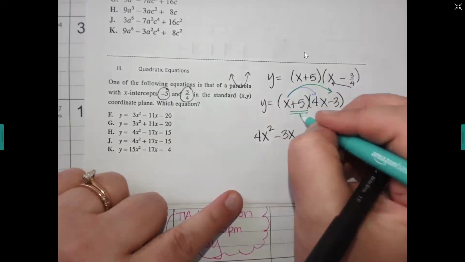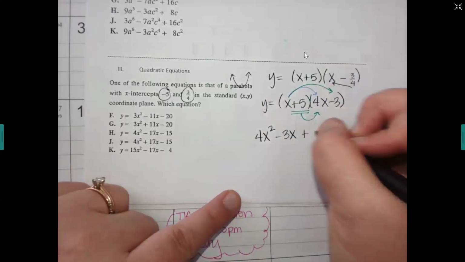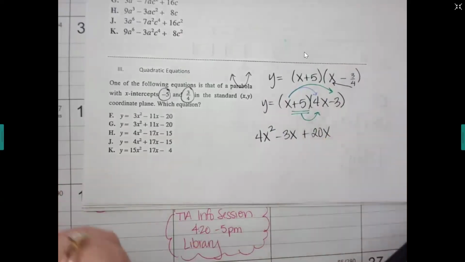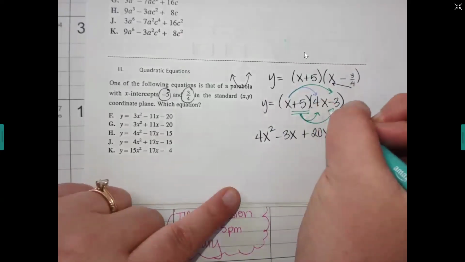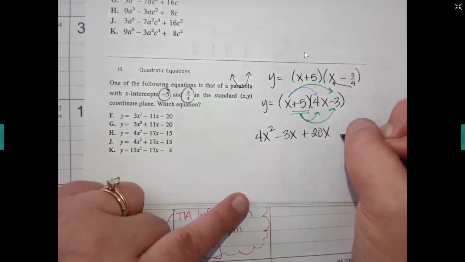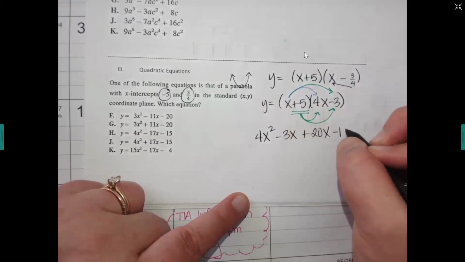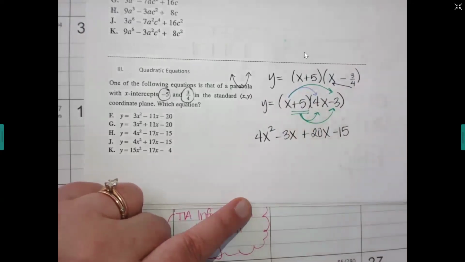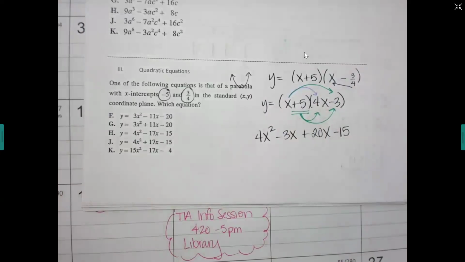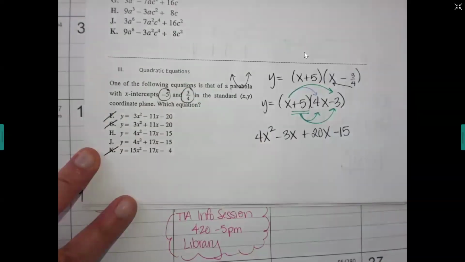What's 5 times 4x? 20x. And then 5 times -3 would be -15. So based on that, I can eliminate 3 of my choices.